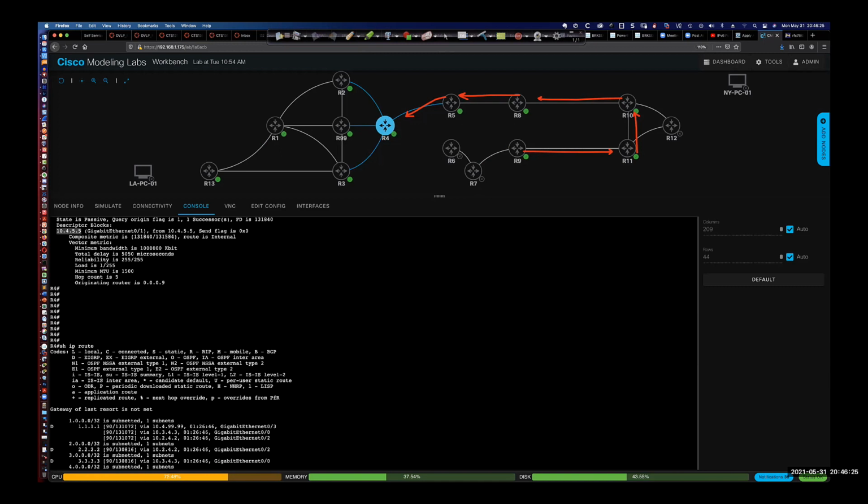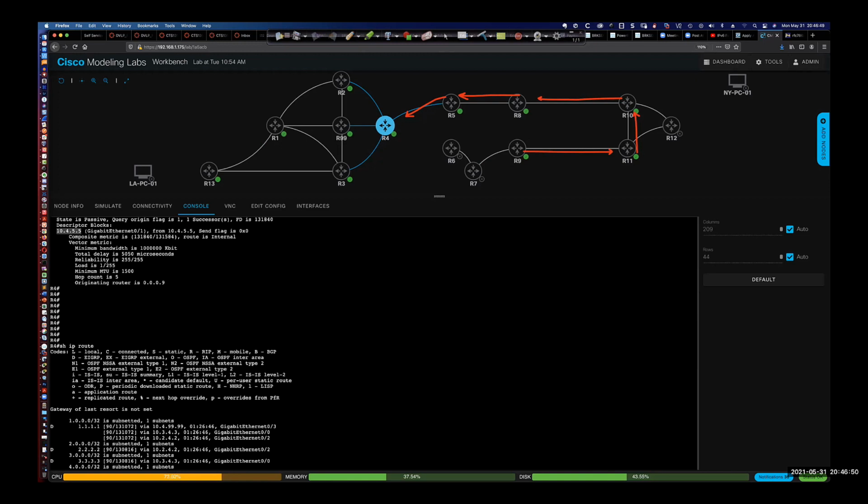But the composite metric, right? With OSPF, it's very simple. OSPF uses the interface bandwidth, and that is it. That's how OSPF by default figures out which cost or which route is best. It's based on lowest cost. Lowest is always better, right?